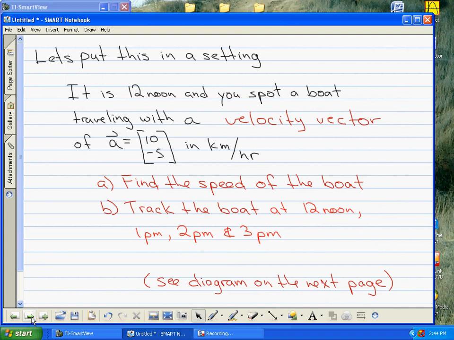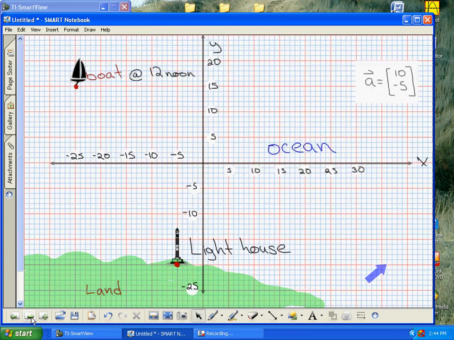Here is my diagram. Over here I have the boat, as you can see, at 12 noon. I put the vector over here so I wouldn't have to flip back and forth a lot. This empty spot represents the ocean. We are standing right here on land at this lighthouse.